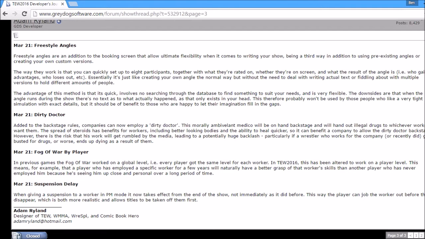And then suspension delay. When giving a suspension to a worker in the PM mode, that's when you're actually on the show, it now takes effect from the end of the show, not immediately as it did before. This way, the player can job the worker out before they disappear, which is both more realistic and allows for titles to be taken off them first. That is great.